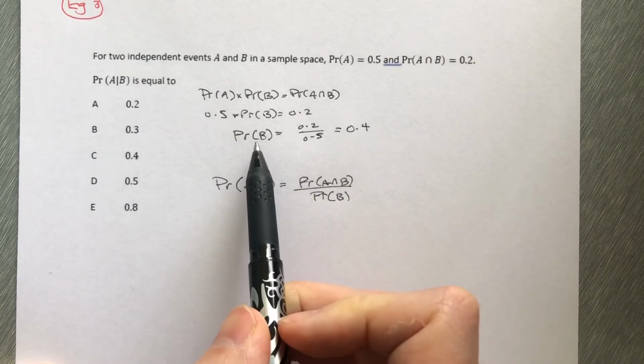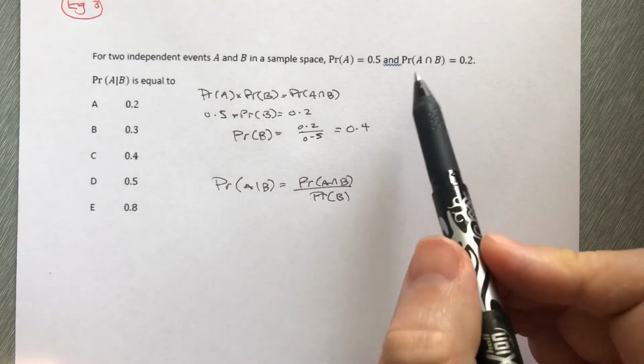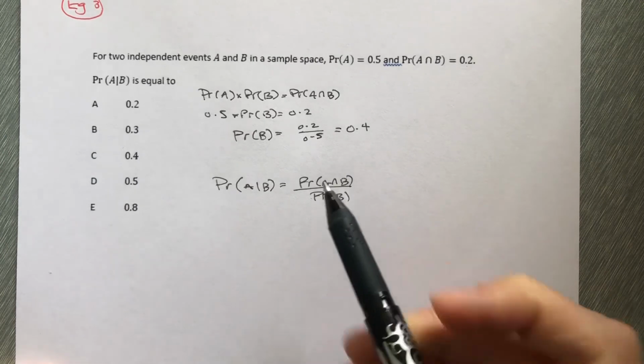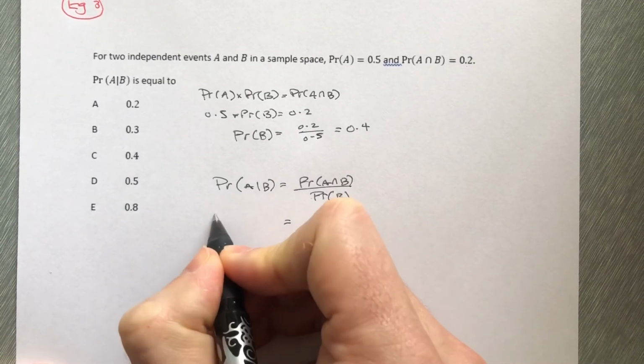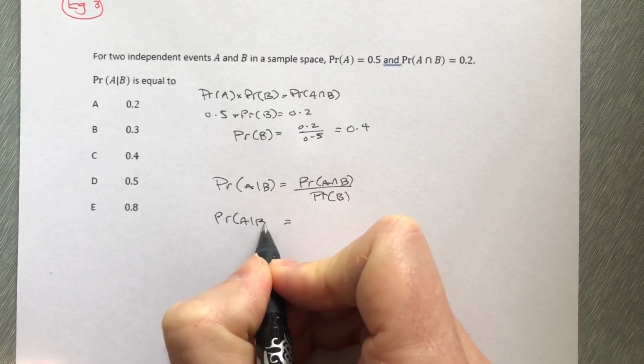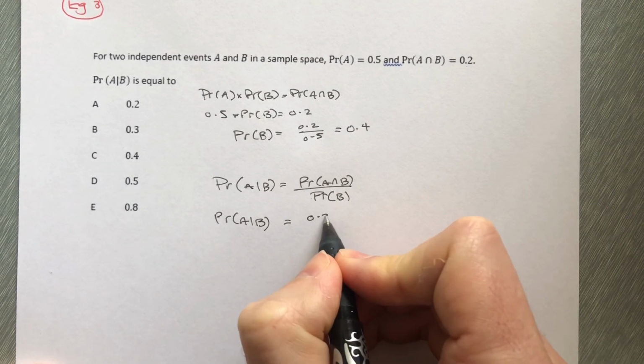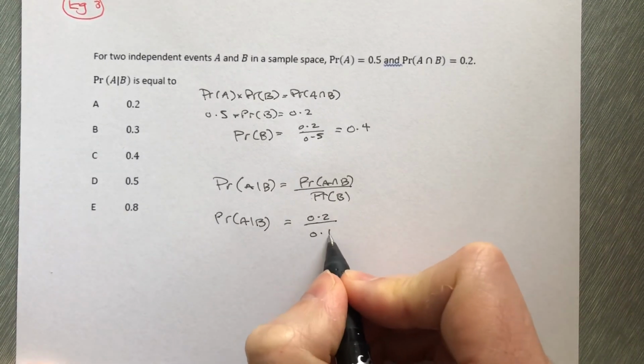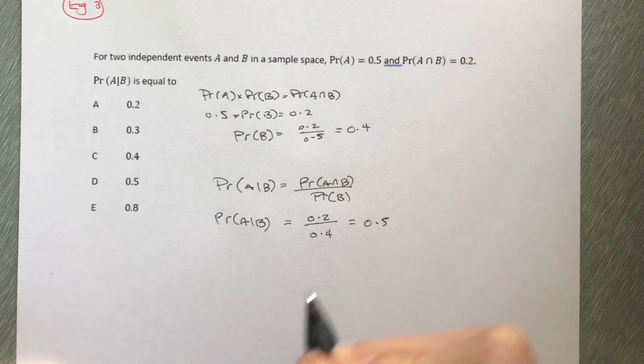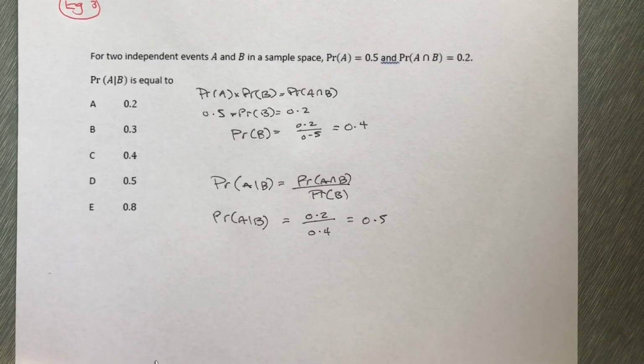Cool, so we've worked out what B is, so we should be able to put that into there and that into there. Which is 1/2, so that would mean that our answer is D.